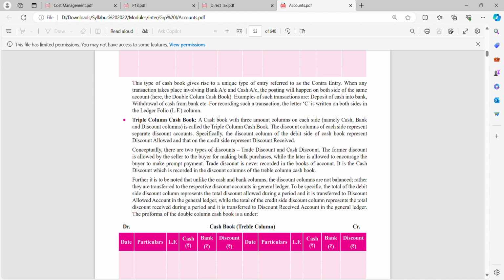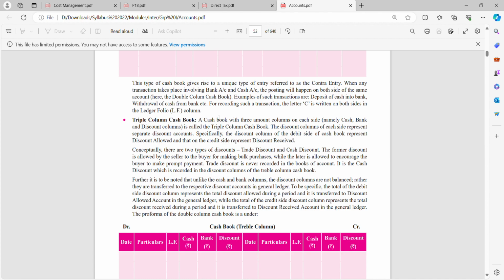So here you have three columns, cash, bank and discount. Suppose I am supposed to pay 10,000 rupees on 31st March. But I'm paying a little early, today. Instead of 31st March, I'm paying on 5th March or 7th March.